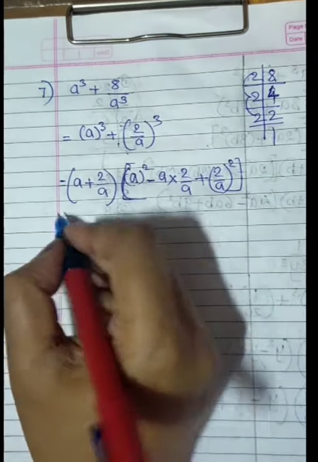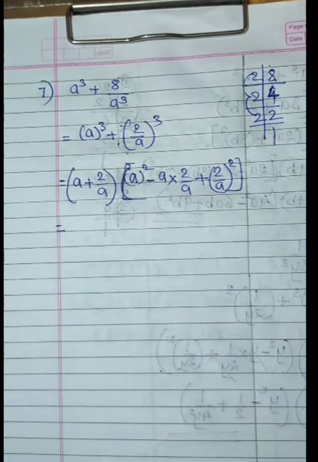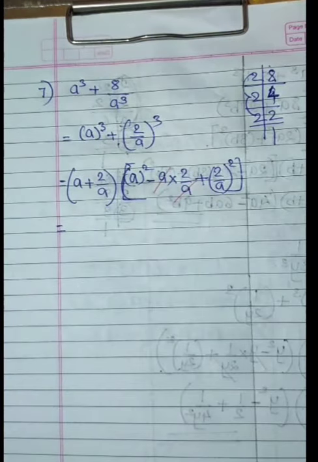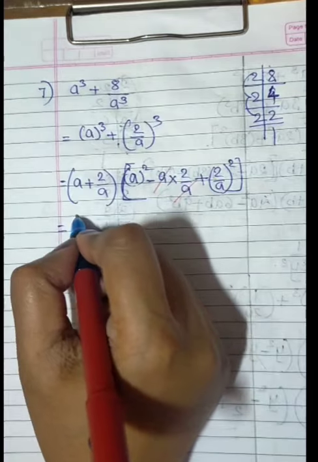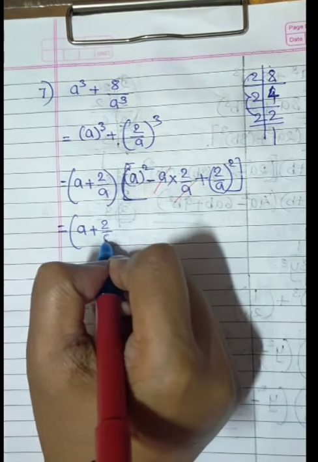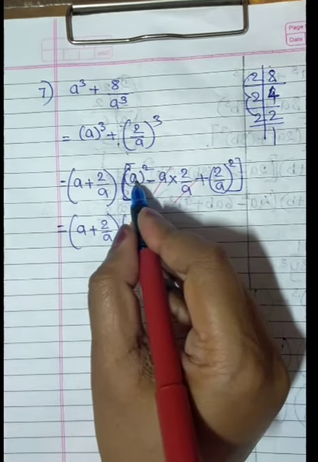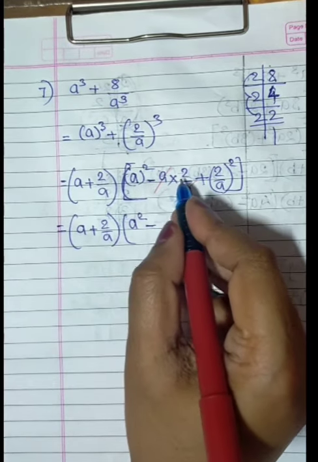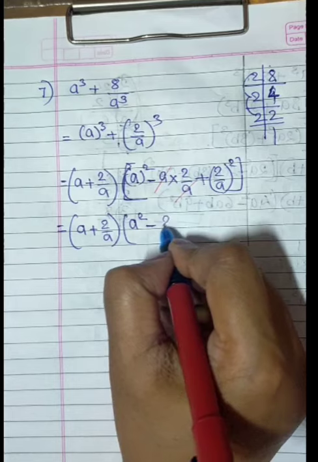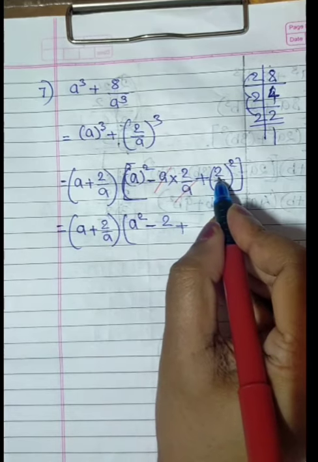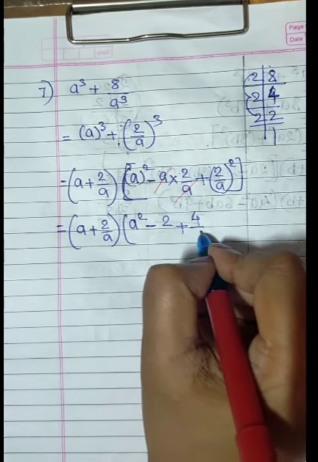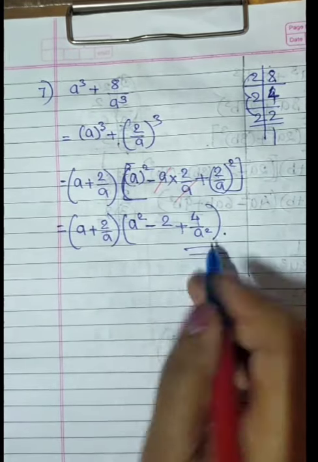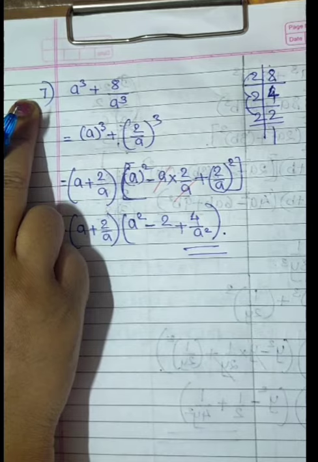Okay, next step, as you can see a will be cut. Now I am writing a plus 2 upon a, again a square will remain, a square minus 2 plus 2 2s are 4, 4 upon a square. This is the answer for question number 7.